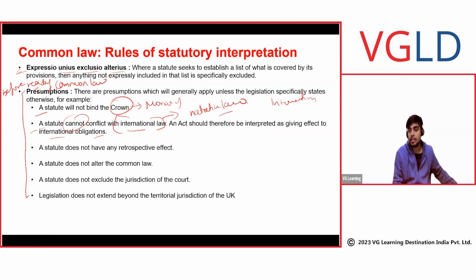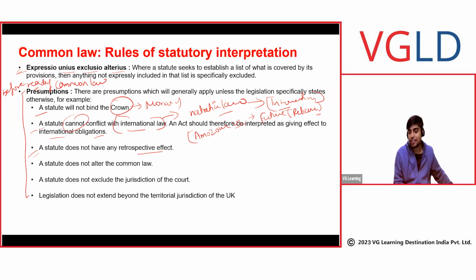In this case, national law should be read in such a way that it conforms with the international law. A very good example is Amazon versus Future Retail, or what I say is Reliance. This happened around 2020 or 2021. It's a very good case, but I'm just waiting for chapter number 2.